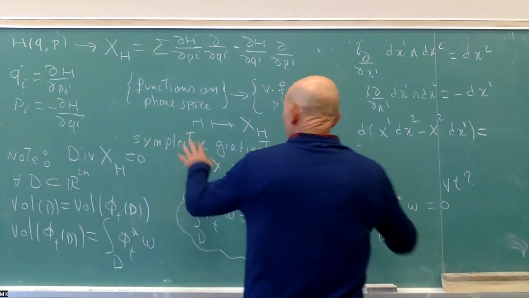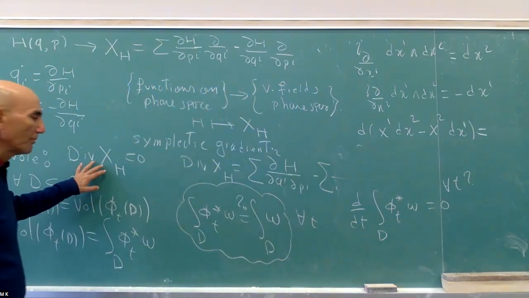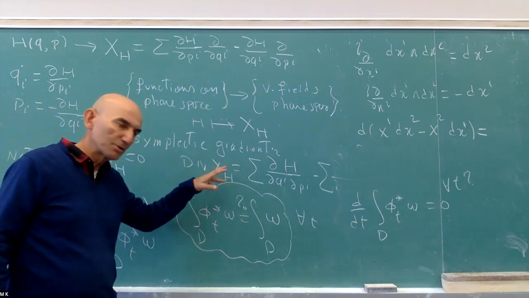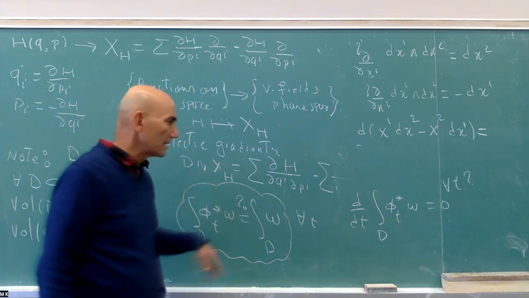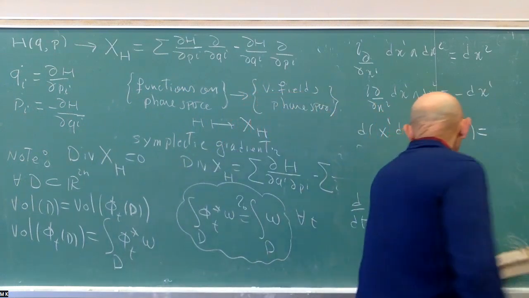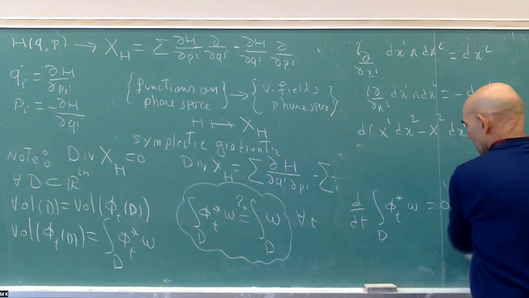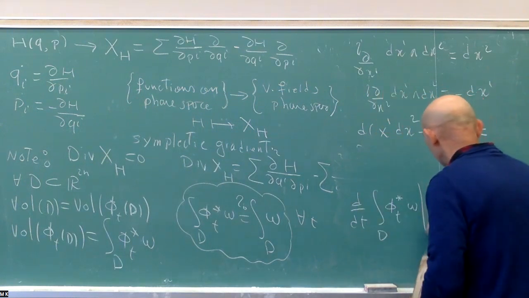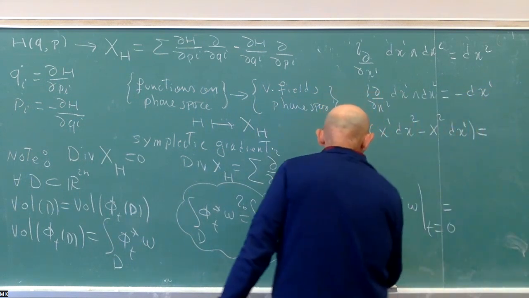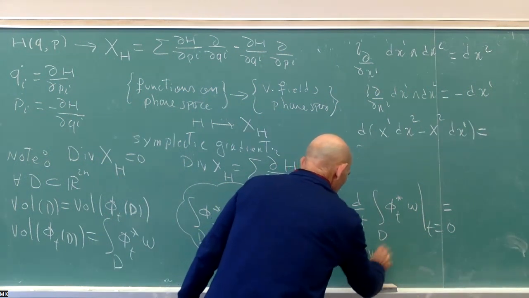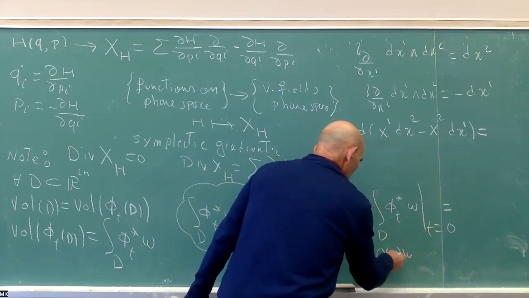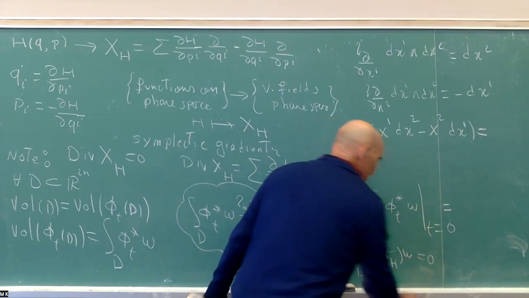Now, what we proved using the fact that the divergence of the Hamiltonian vector field is 0, and the divergence theorem version, the formula that we proved, shows that this is the case at t equal to 0. You see? So this is at t equal to 0. This is equal to the integral of the divergence of X_H times omega over D, but we know that this is 0, so this is equal to 0.